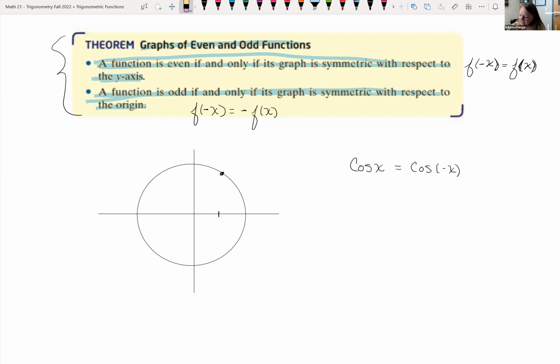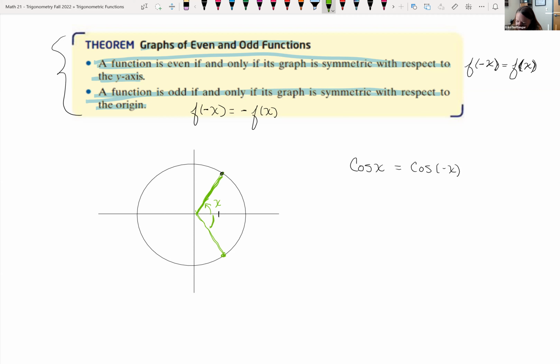And that x value, when we're looking at this, we're looking at that point and then determining our trigonometric functions. And that's going to give us the same x value as if we had done f of negative x.